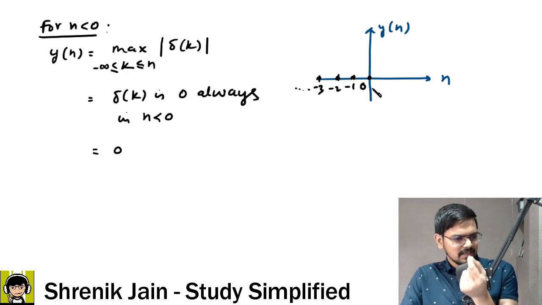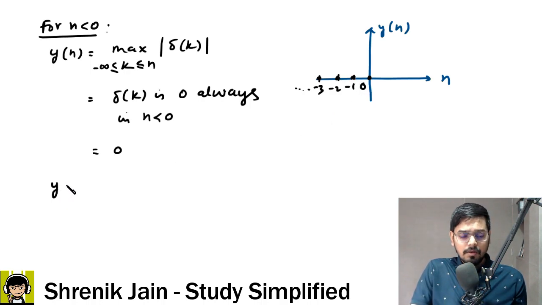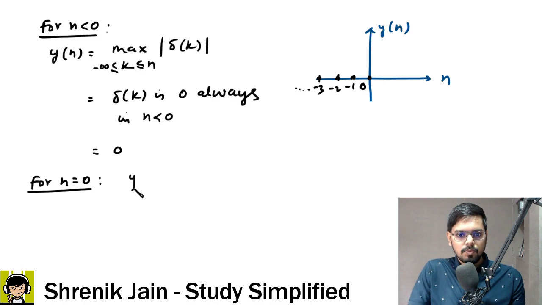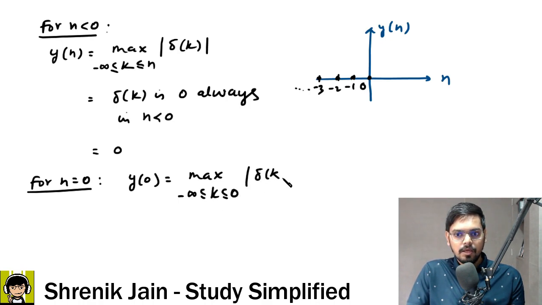What about at n equal to 0? What is the behavior for n equal to 0? Then y of 0 is equal to maximum over minus infinity less than or equal to k less than or equal to 0 of mod of delta of k.